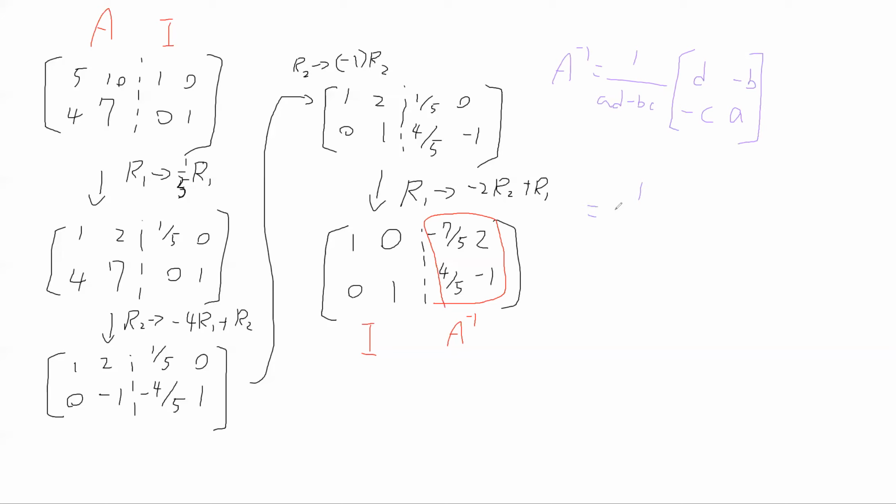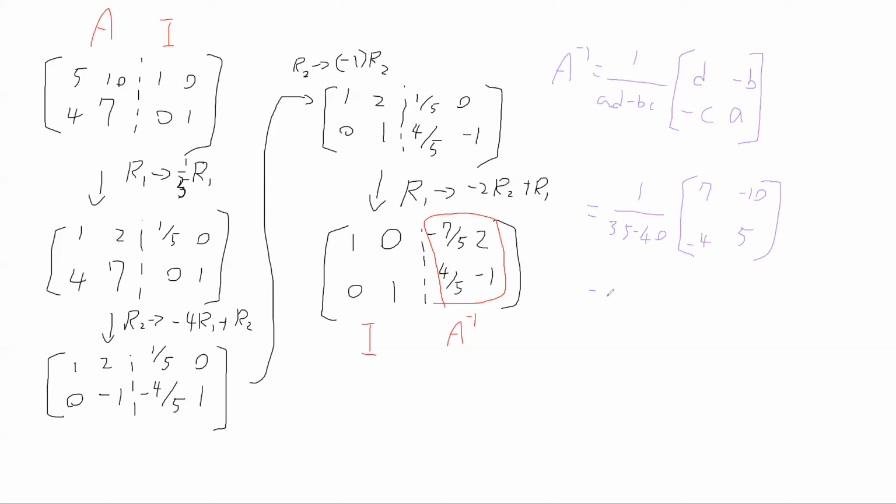So let's check this. 1 over AD minus BC. So AD, 35, minus BC, 40, multiplied by D, negative B, negative C, and A, 5.